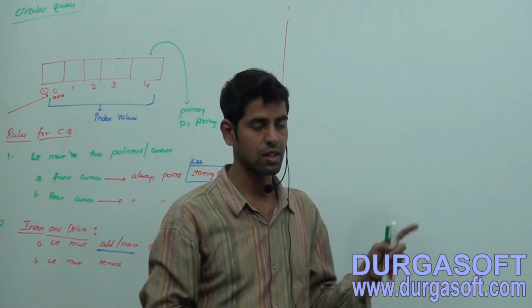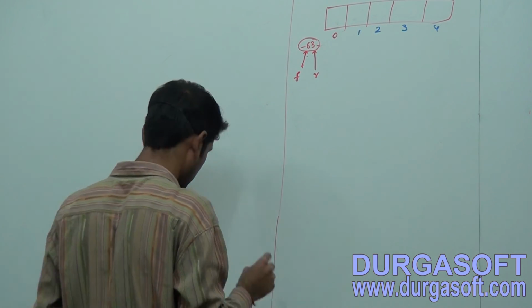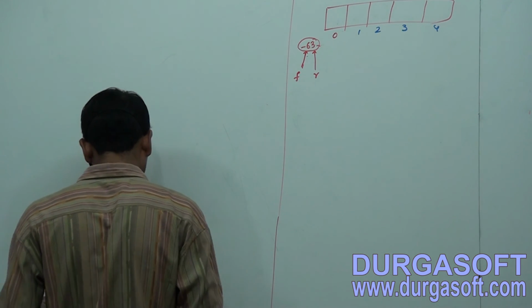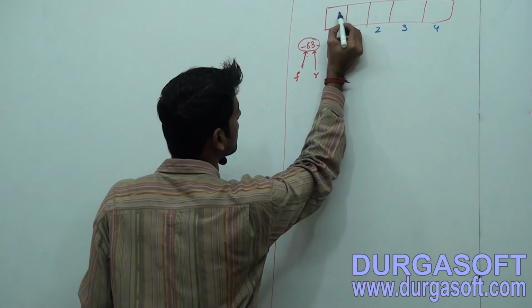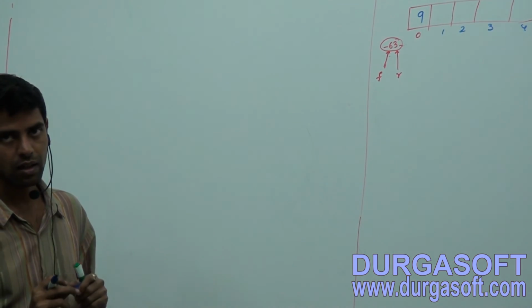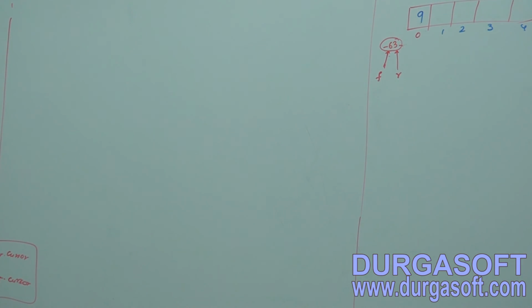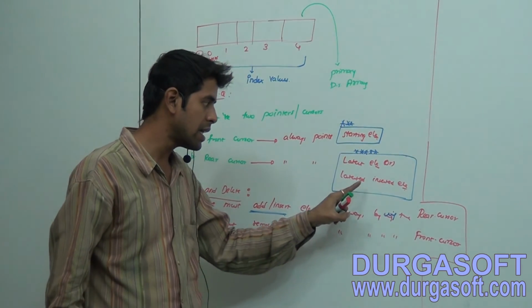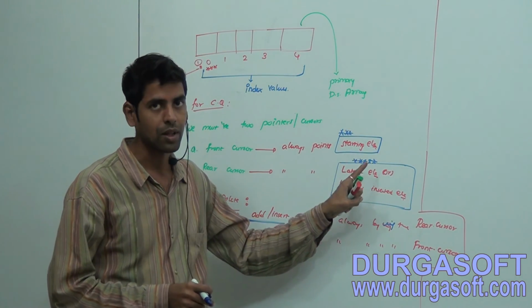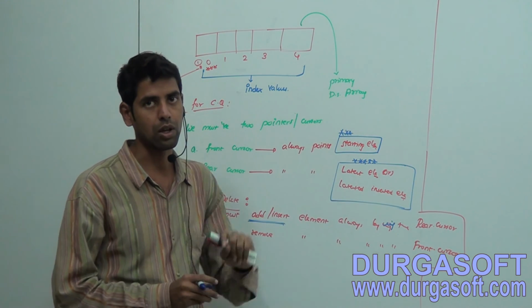That is what we are understanding. Now I want to insert the data as 9. Yes, you have inserted the data, no issues. Now what is the starting element, and what is the latest inserted element in our scenario?